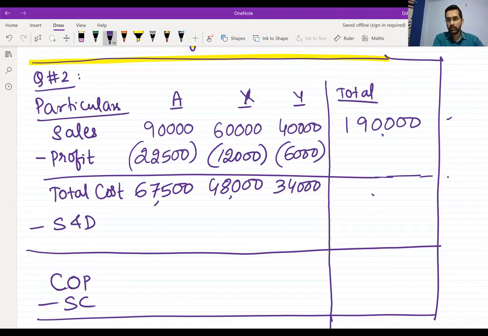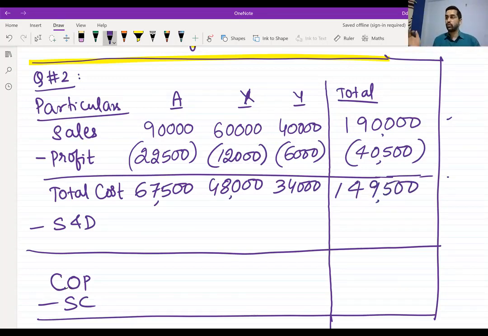I am getting 40,500. 40,500 from 1,90,000. If you deduct, 149,500. Right. What next? From total cost, I'll have to come in reverse order.